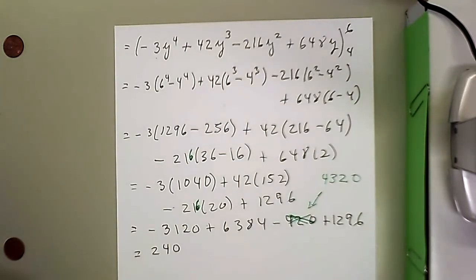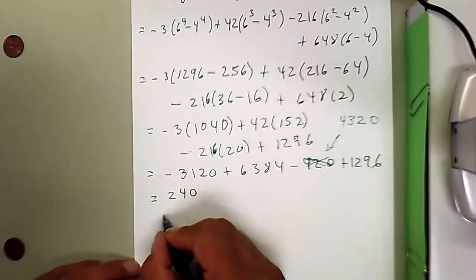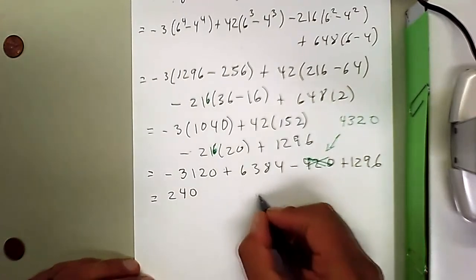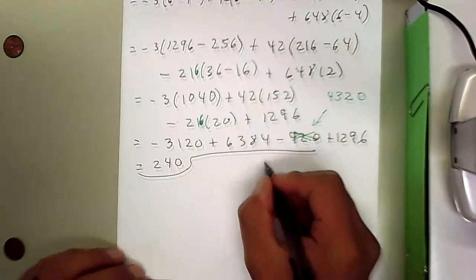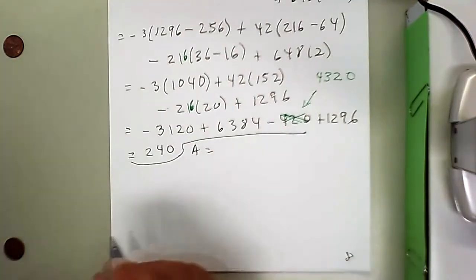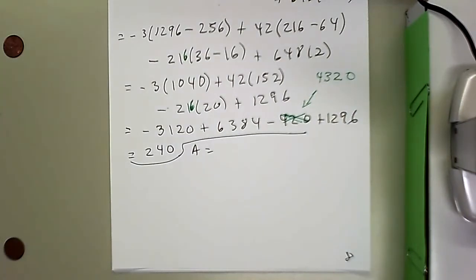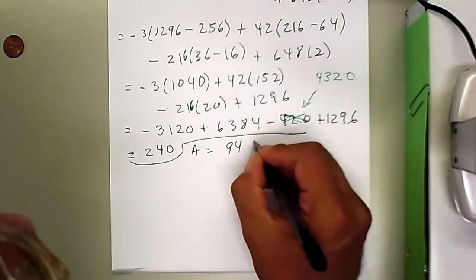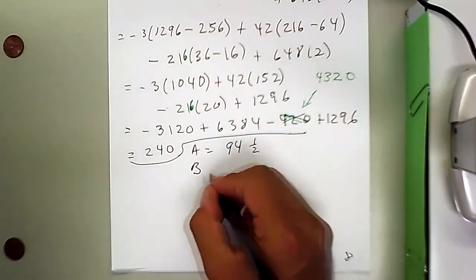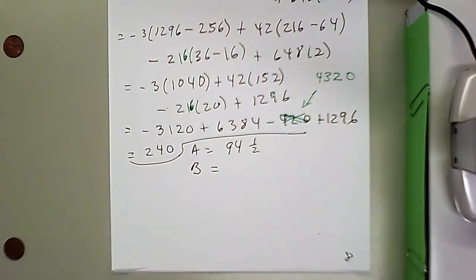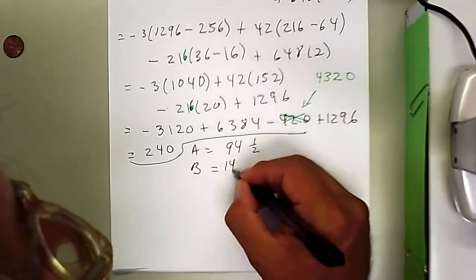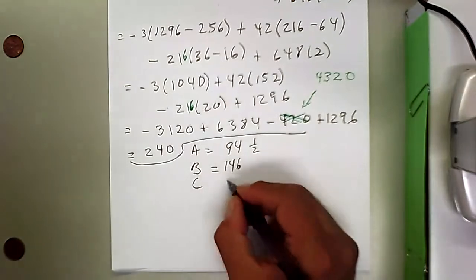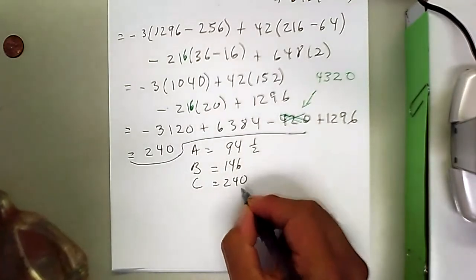A and B. So A, let's put a division here. So A, remember from before, was 94 and a half. B is 146, and C is 240.